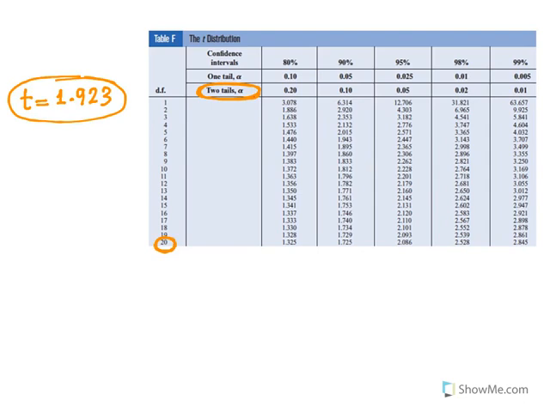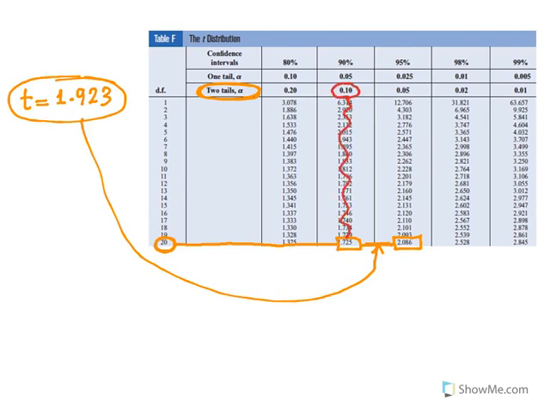And let's look for, we keep on moving until we find 1.923. So it is, actually, yes, it is between this number and this number. So immediately you will go up and go to the type of test. It's two-tailed, so I stay in the row of the two tails. See, it's here.